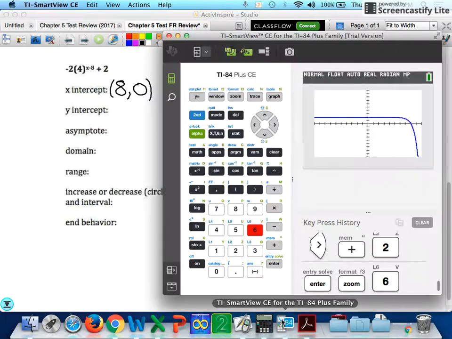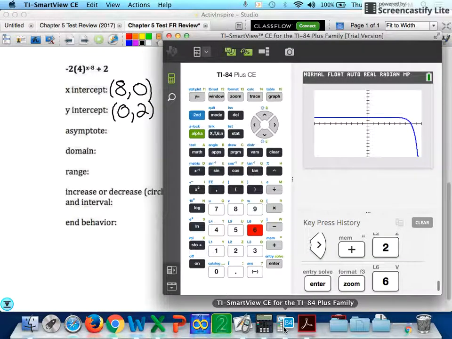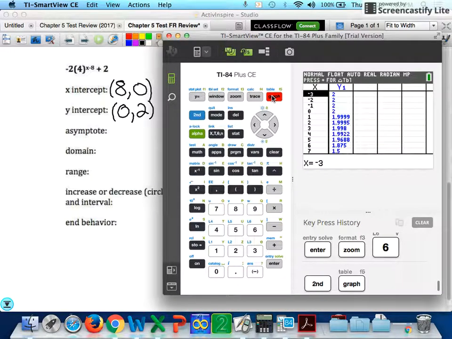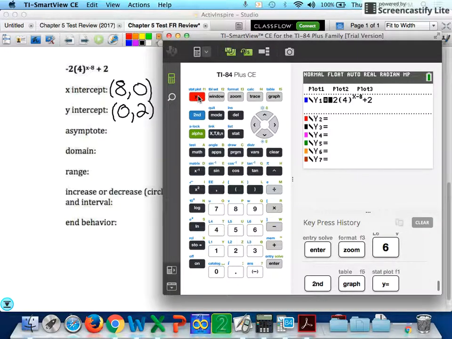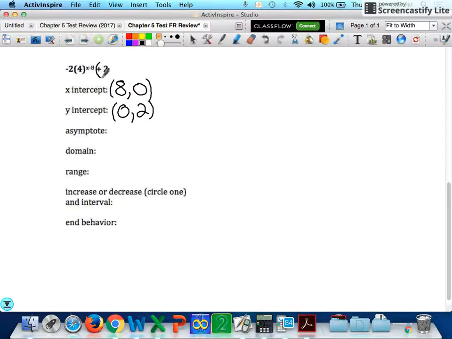My y-intercept crossed at 2. Okay? At positive 2 is where it crosses. So I have (0, 2). My asymptote, it's got to be at this end number.